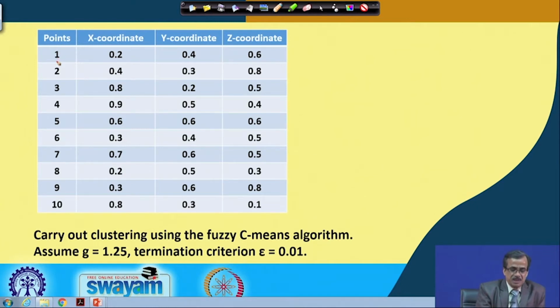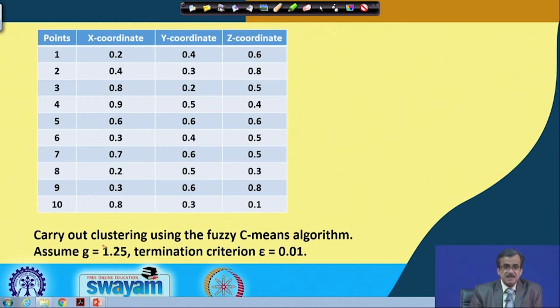For example, for the first point, the x coordinate is 0.2, the y coordinate is 0.4 and the z coordinate is 0.6, and so on. For each of the 10 points we have x, y and z coordinates, and as I told you, these points are lying on the surface of the free form surface.